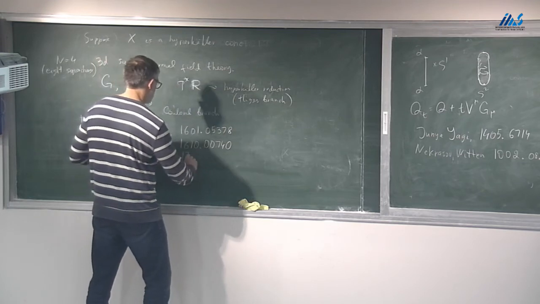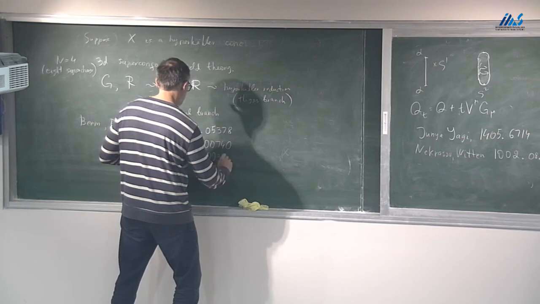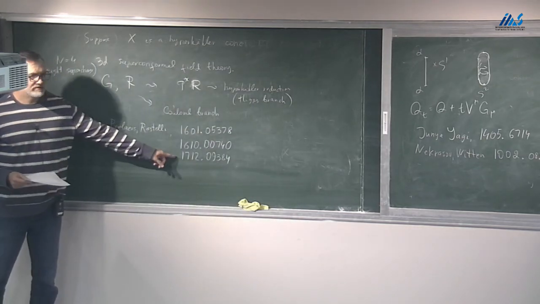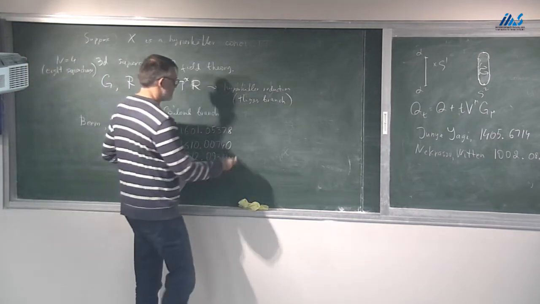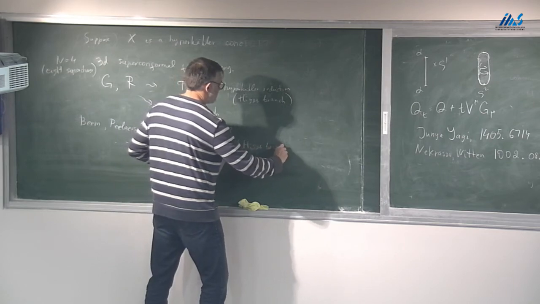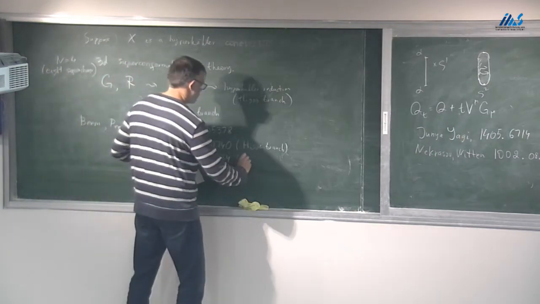As you can see, the last one just came out last month. This paper does the Higgs branch, which is easier because we know what it is on the classical level, and the other one does the Coulomb branch.